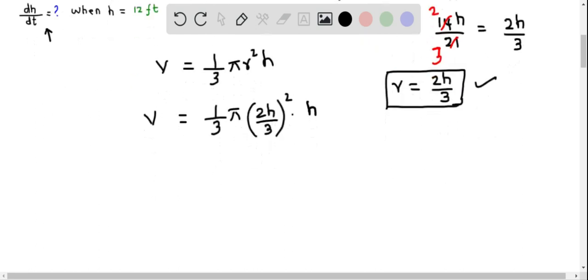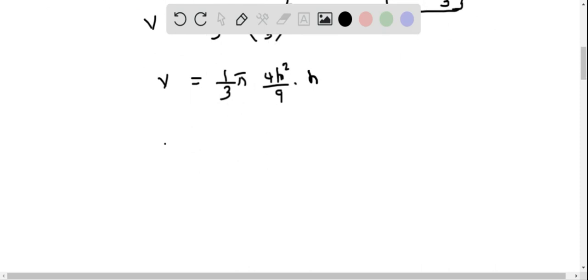So let's simplify the right side expression. We have volume, that is V, equals 1/3 pi. The square of 2h over 3: we take the square of the numerator, 2 squared is 4, and h squared, over 3 squared in the denominator, which is 9, and this multiplied with h. We can further simplify this by combining the constants and combining the variables.